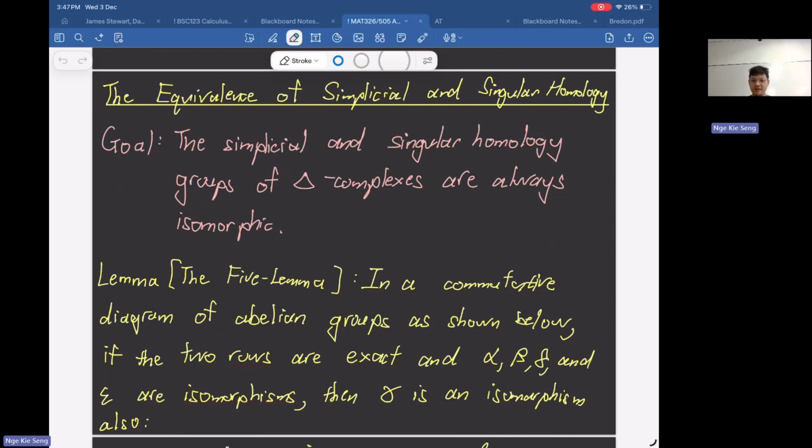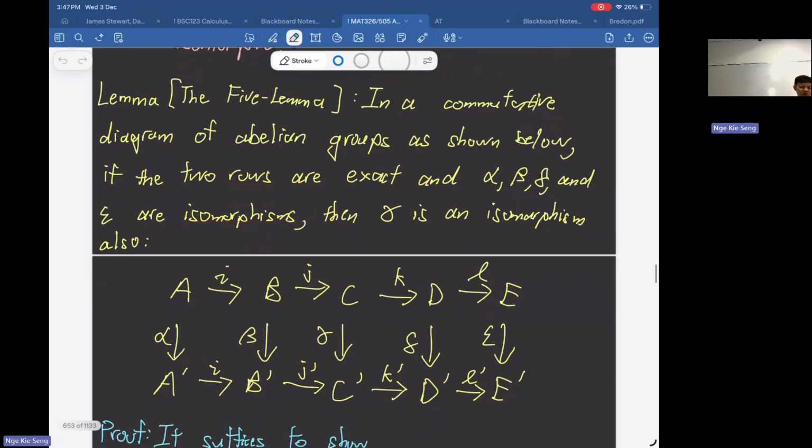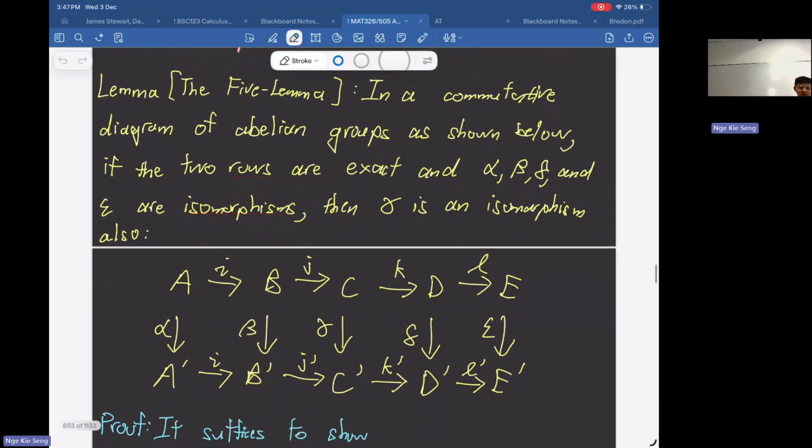To show that these two are the same, there's a very technical lemma we need. I'm not going to do it in this class because it's just routine diagram chasing. So what's the five lemma? The five lemma involves five terms with two exact rows.